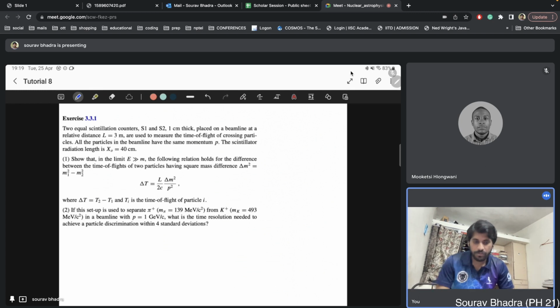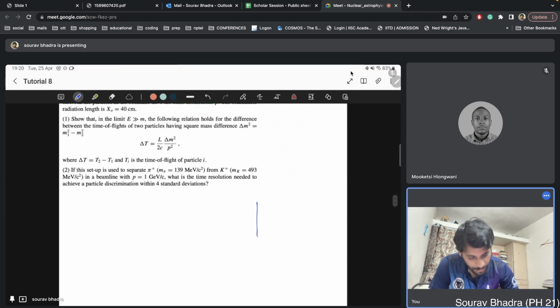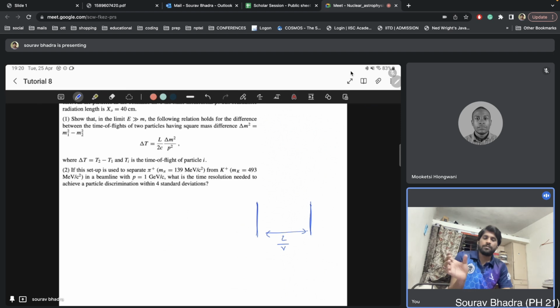So we will not go into the detector itself, but we will do some problems on the topic. Okay. So you know that in the time of flight problem, there will be a starting point and an ending point. If the distance is L, then L by V will be the time of flight, that means the time the particle needs to reach from the start to the end. This type of mechanism generally governs the time of flight experiment.